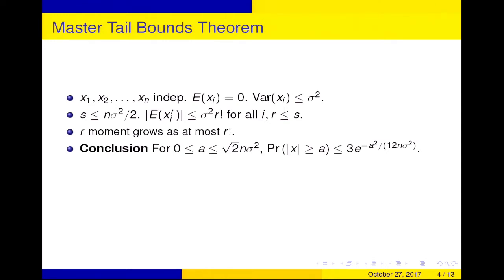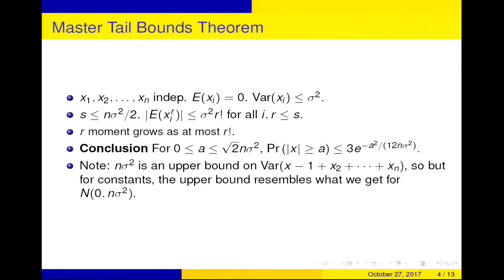Okay. Let's stare at that something for a little before we prove this. Each of these random variables had variance at most sigma squared. If I add up n of them, the variance is n sigma squared at most, an upper bound on the variance of x1 plus ... plus xn, because they're independent.